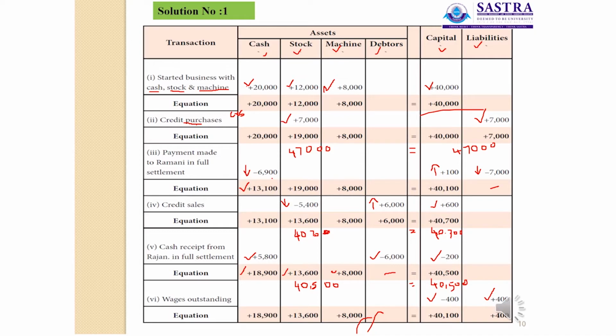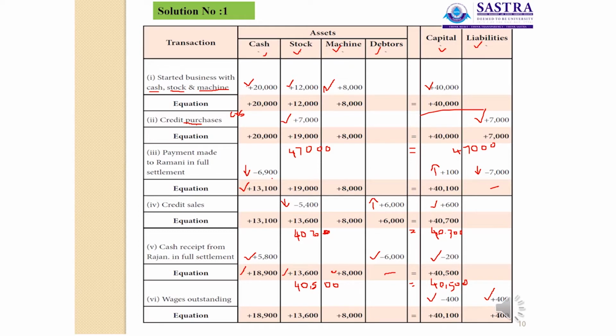Now you have to total it: 40,100 plus 400, 40,500. The total of 18,900 plus 13,600 plus 8,000 is equal to 40,500. Okay.